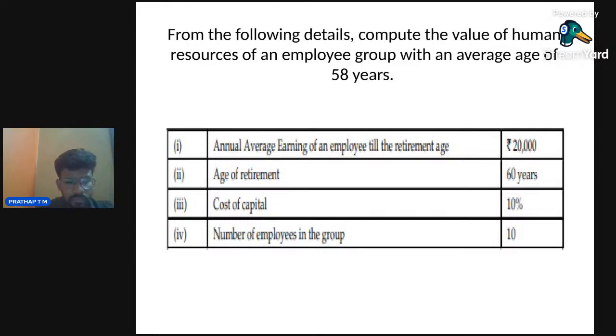Age of retirement, I think RET. Right. So average age, that is, they mentioned 58. Fine. Average age is 58. Cost of capital. What is the cost of capital?